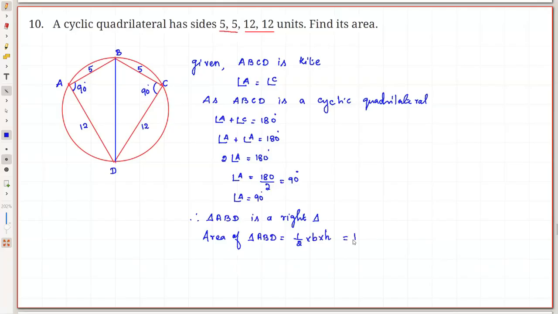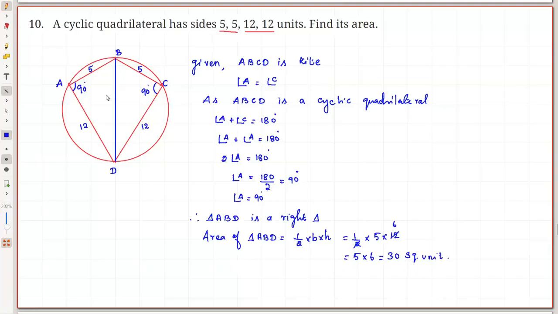So half into base, which we take as 5, height is 12. 5 into 12, we can simplify: 2 ones are 2, 2 sixes are 12. So the balance is 5 into 6. 5 sixes are 30. The area of triangle ABD is 30 square units.